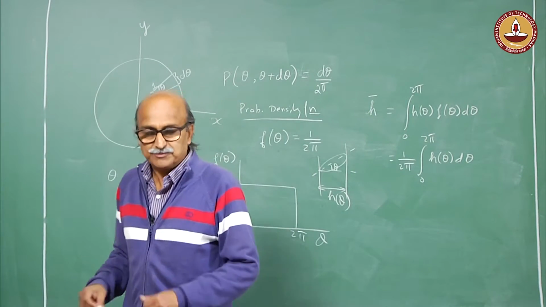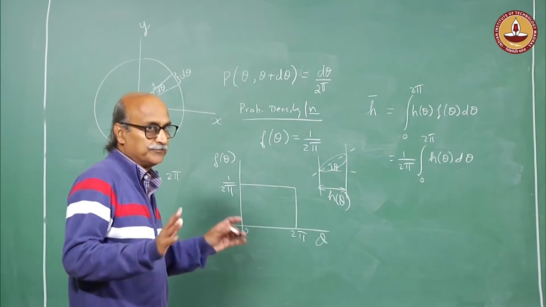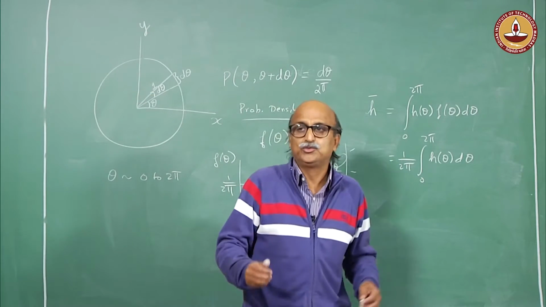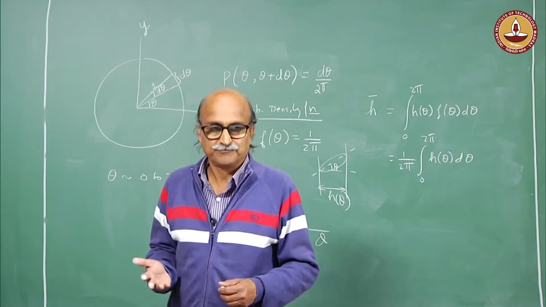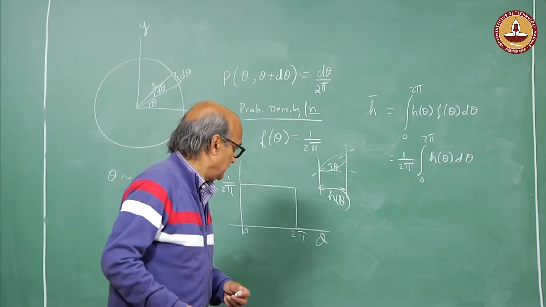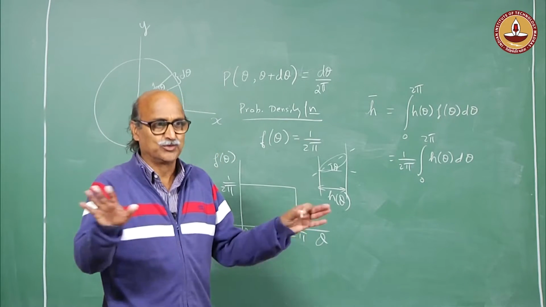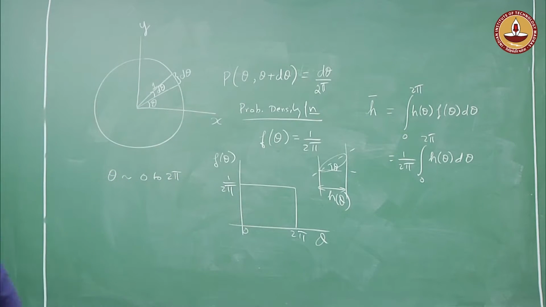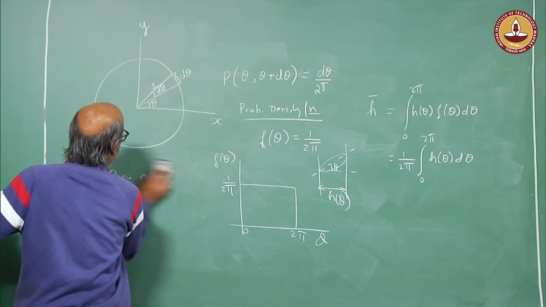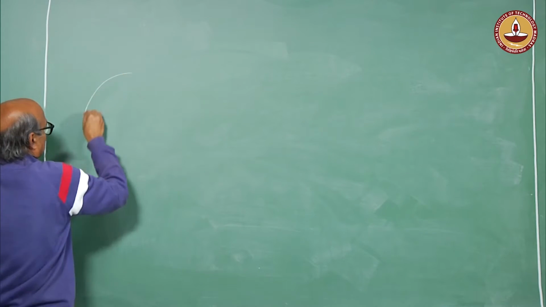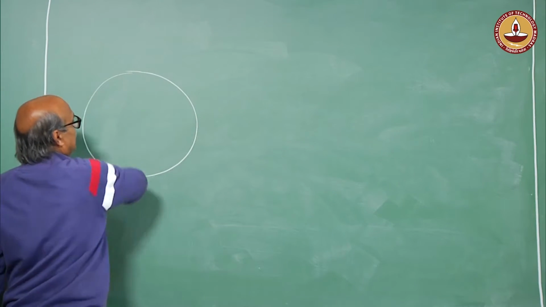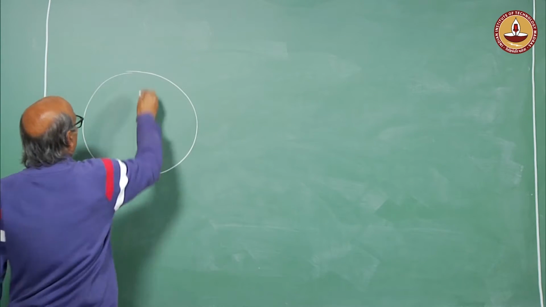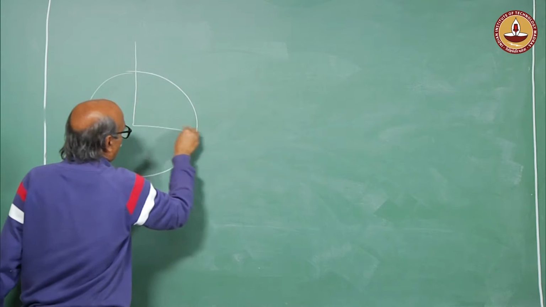in 2 dimensions. Okay. Now, extend this idea to the 3-dimensional case, where it will be slightly more complicated, but not too complicated. So, let me draw another figure for that. Now, instead of a circle, consider a sphere of unit radius whose center is at the origin of my coordinate system.